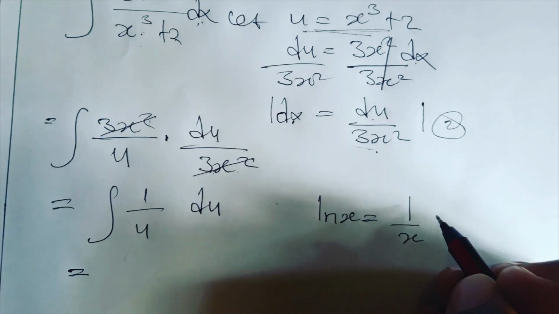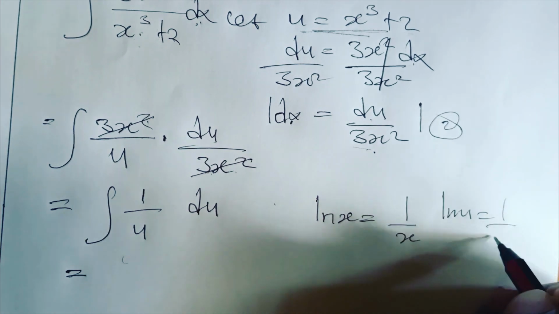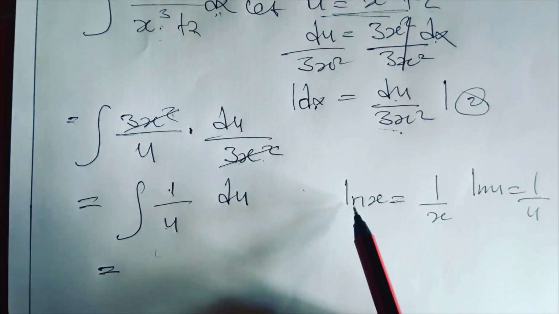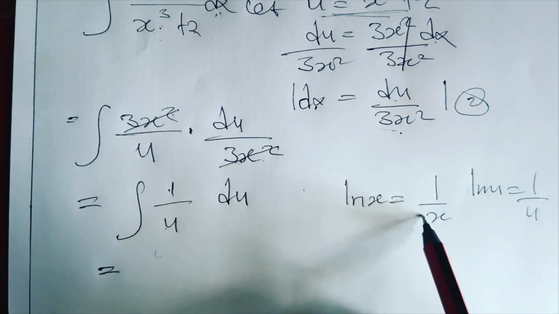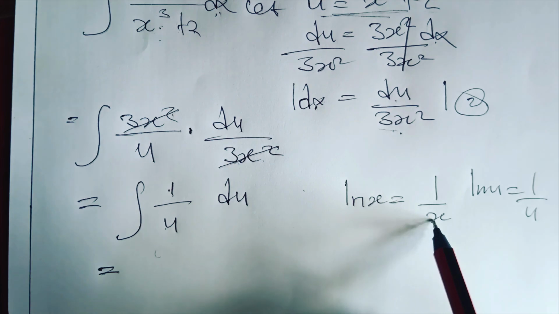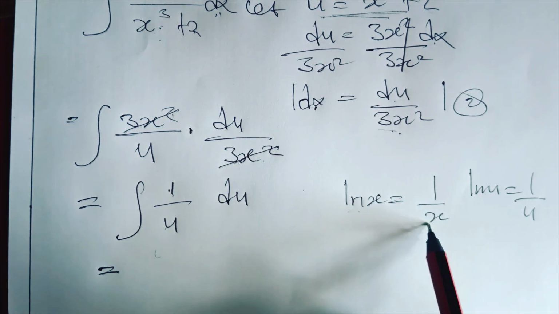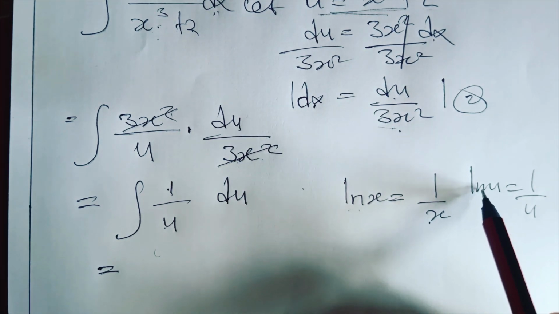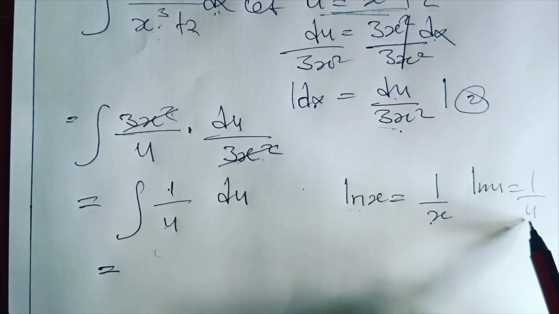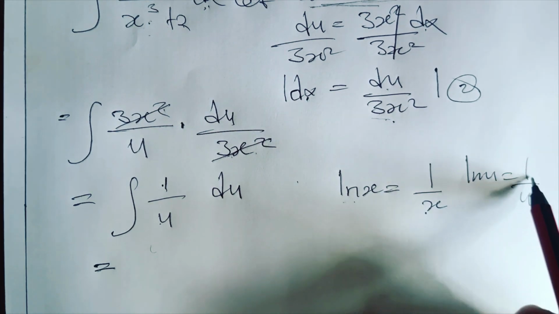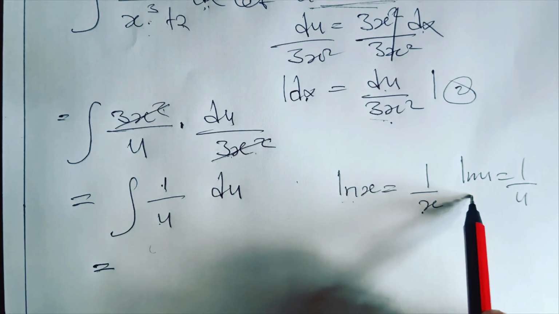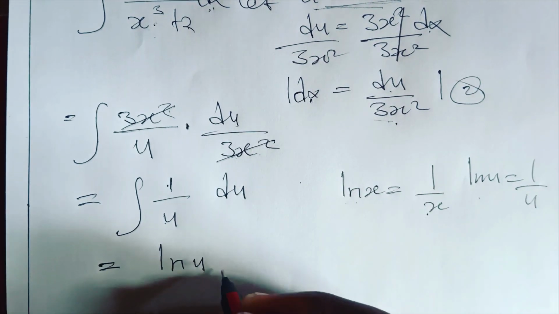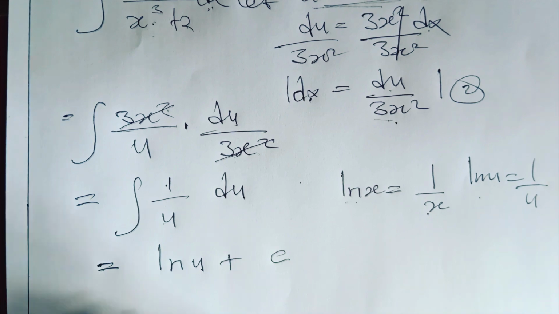In the same way, when you differentiate ln u, you get 1 over u. So the opposite, when you integrate 1 over u, you get ln u. So the integral of 1 over u is ln u plus c. We have integrated that one.